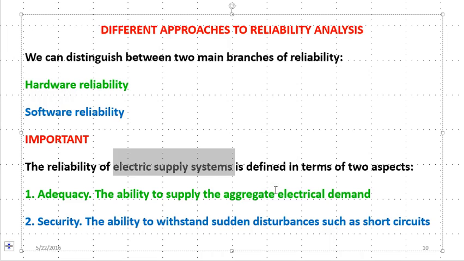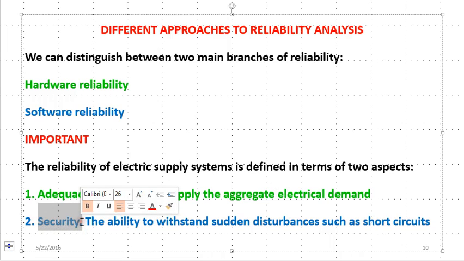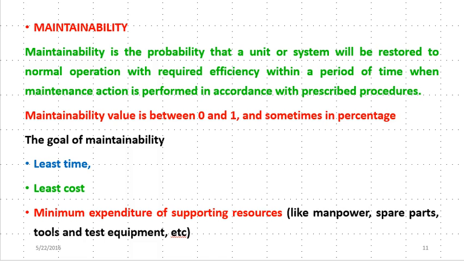We use it to assess how reliable the system is. The second is security, that is the ability of the system to withstand unexpected situations like sudden increase in voltages due to short circuit, open circuit, and other environmental parameters that can affect it. So its ability to withstand them is another feature that we use for assessing the reliability of a power supply system.